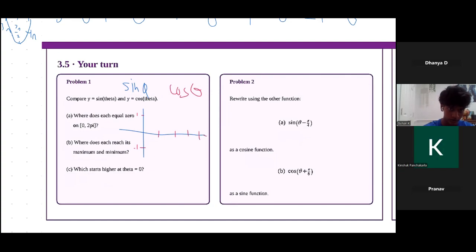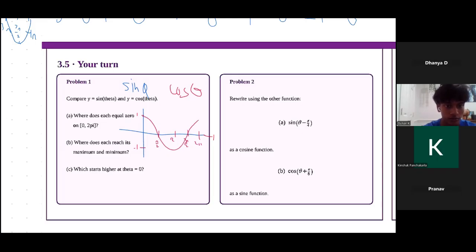So it's going to be pi over 2, pi, 3 pi over 2 and 2 pi. Those are going to be our x coordinates. And the graph will go like this. Okay, that's going to be our cosine graph.